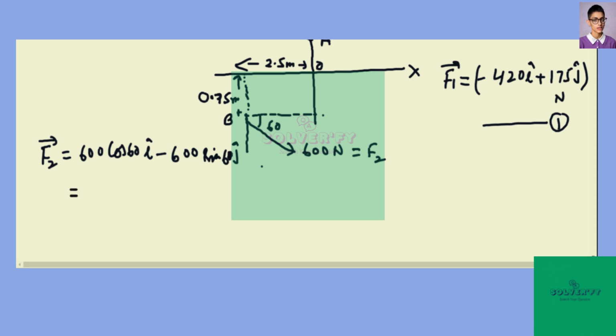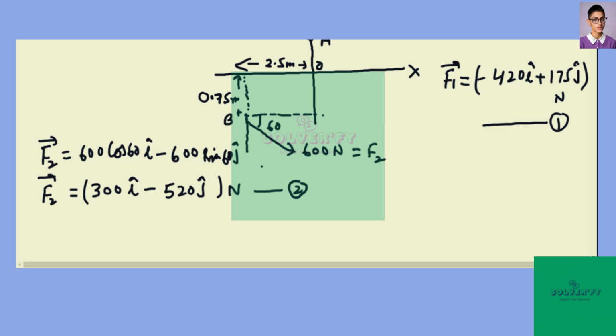On simplifying you will get cos 60 is half, so it will be 300 i cap. Sine 60 is root 3 by 2, so it will be approximately 520 j cap Newton. So this is your F2 force. We are giving equation number 2.